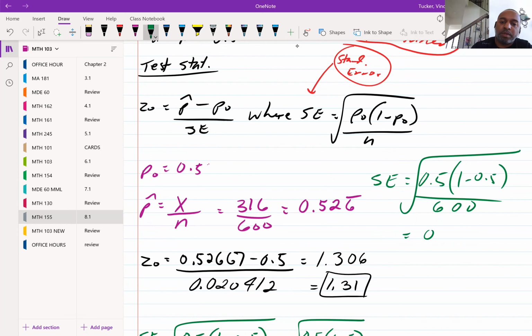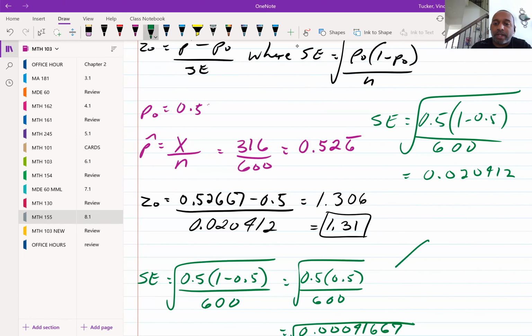And that ended up being 0.020412. And so whenever you're doing your calculations, always make sure you're not rounding in your calculations. Notice I went to about 6 decimal places out. So you don't want to round that number to 2 or 3 decimal places, because remember, the closer you truncate it, the further you get away from the actual answer.